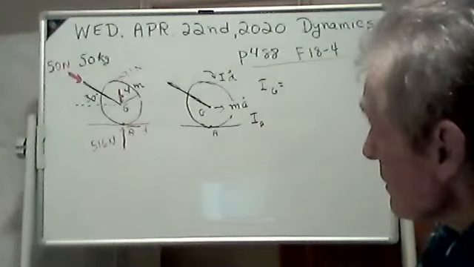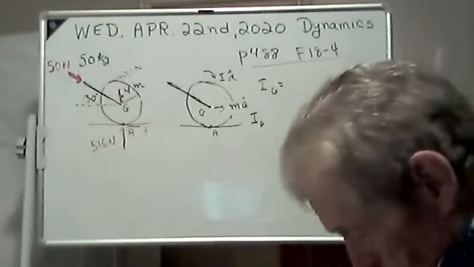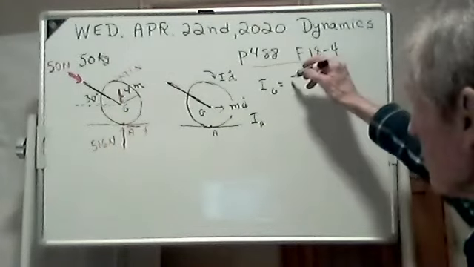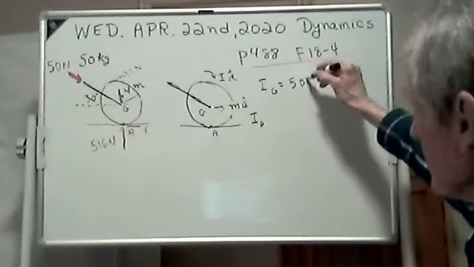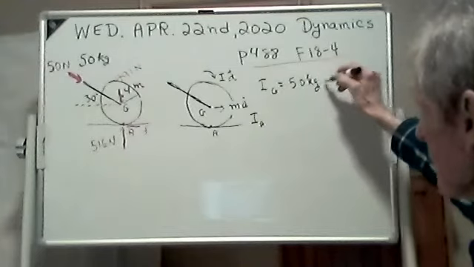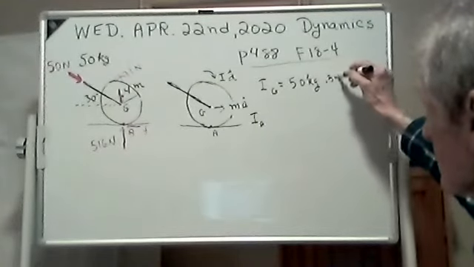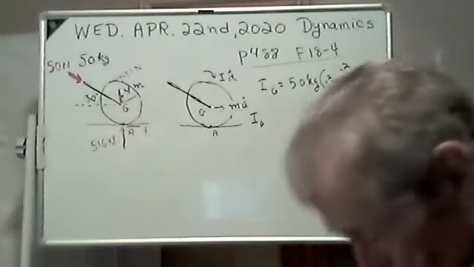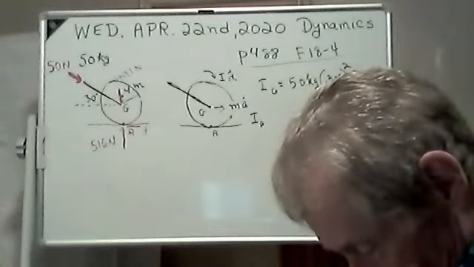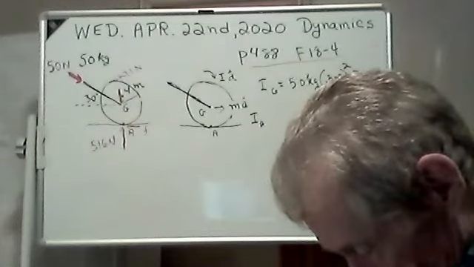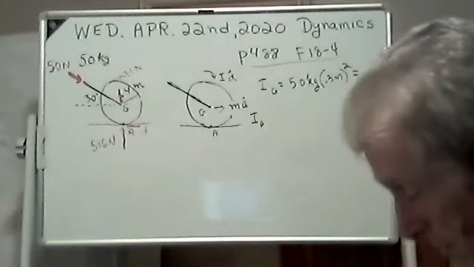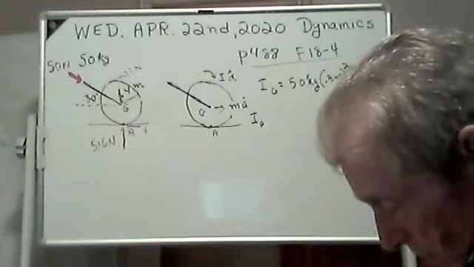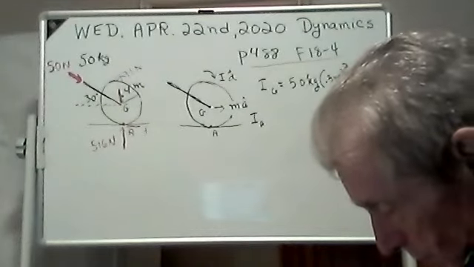They give you the radius of gyration, so you go 50 kilograms times 0.3 meters squared. That's what you have to do. I'll explain that if you're not happy. Here goes, 50 times 0.3 squared.